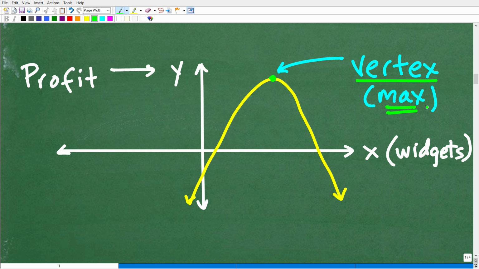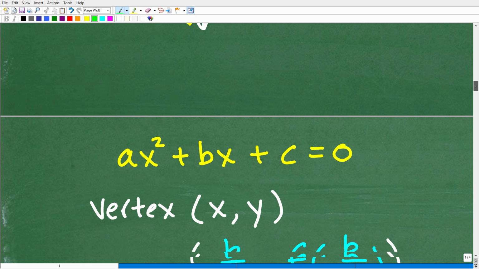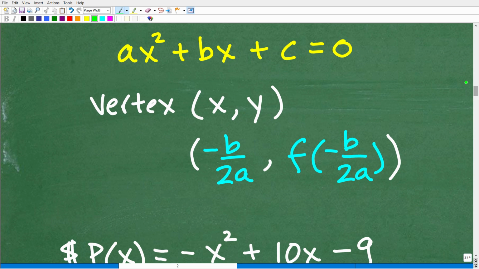So how do we find the vertex of a parabola? The easiest way using algebra is to make sure our quadratic equation is written in standard form. Hopefully you're familiar with standard form, which is a quadratic function written from highest power to lowest power: ax squared plus bx plus c.